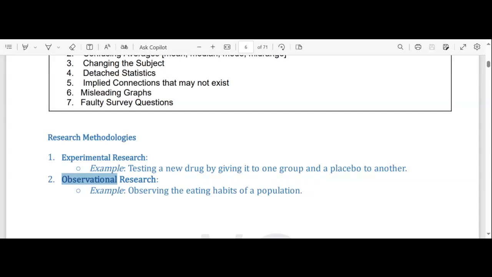You're not interfering with anything. So, observing the eating habits of a population. You'll go to the factory and you see how the people in the factory eat and how they work. Does eating too much at lunch affect their work performance? So you're not interfering with anything, just watching. Okay.